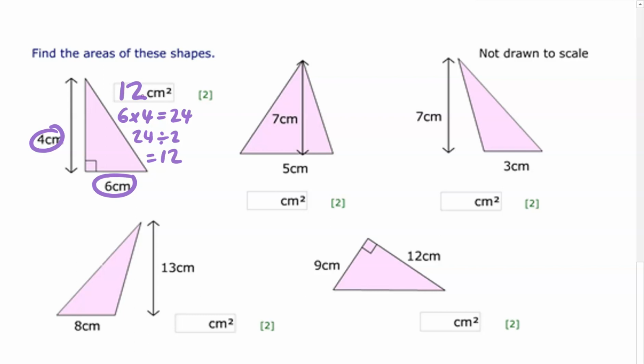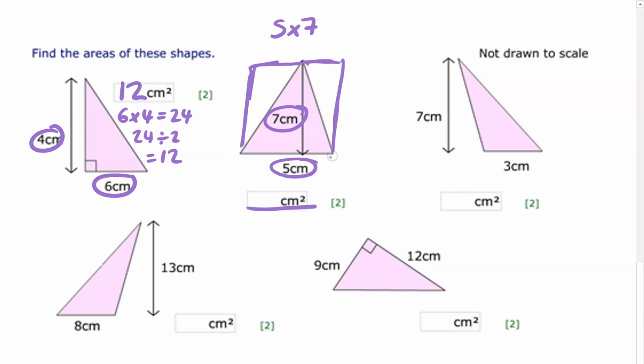If we look at the second one over, this one here, how wide is it? 5. How tall is it? 7. So we are going to do 5 by 7, pretend it's a rectangle, because you're going to kind of chop it a bit like that. I should really use a ruler, that's terrible. So that's 35, but a triangle is always half, so we're going to half it.